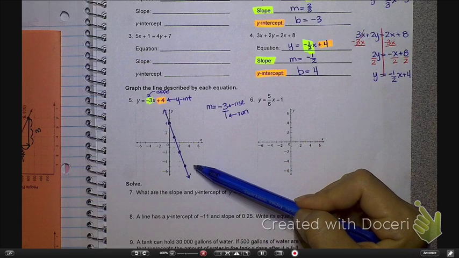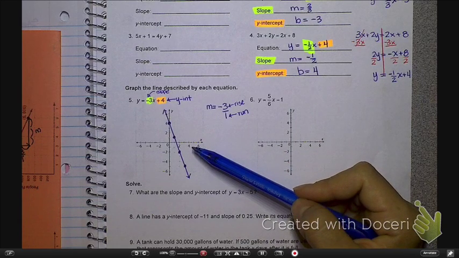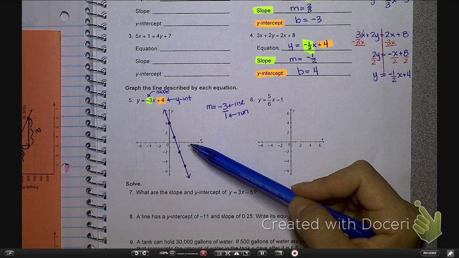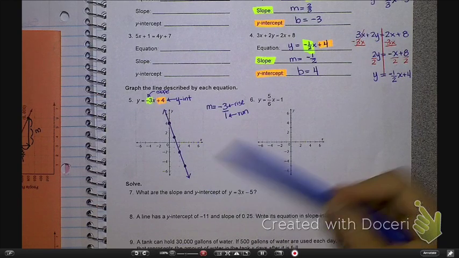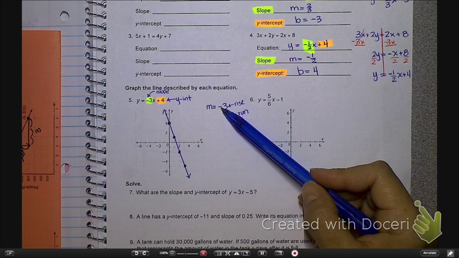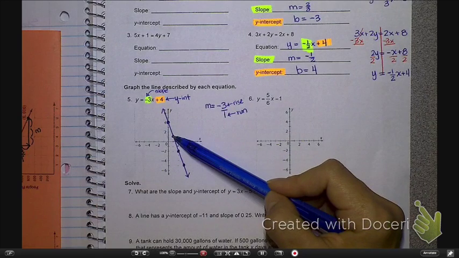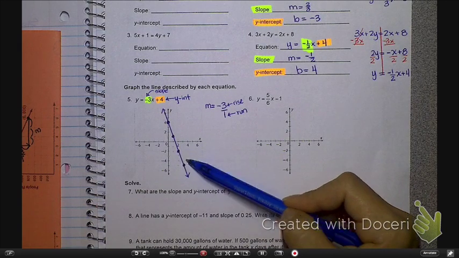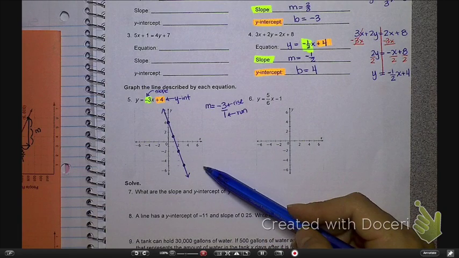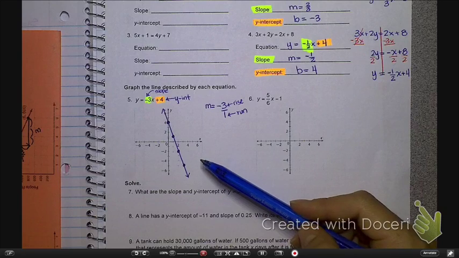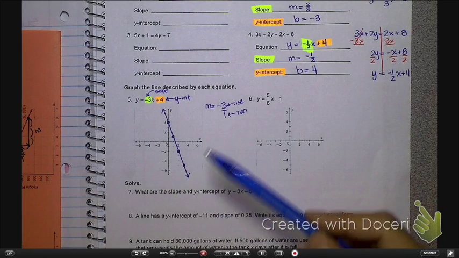Remember the Slope Dude video that you guys watched? Which way does Slope Dude ski? From left to right. So from left to right, he needs to be going downhill because this is a negative slope, right? So he goes down and over, down and over, down and over. Does that make sense? Remember, downhill, nice negative. So that's why we're moving to the right.